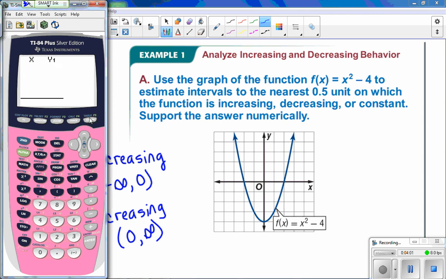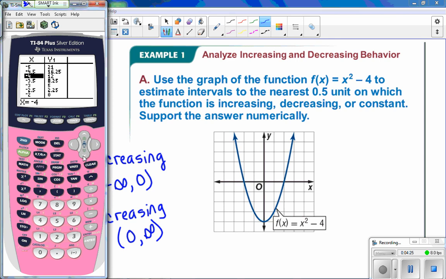And now if you go second table and take a look, you can see at negative 5 it was 21, so it was a very high value. And notice as x gets larger, we didn't start at negative infinity, but we're starting at the left side of our graph, and we're moving towards the right. And look what happens as x gets larger. Look what's happening in the column y1.